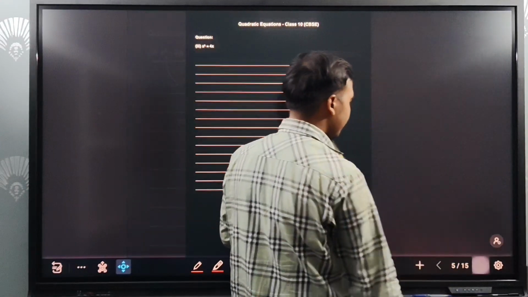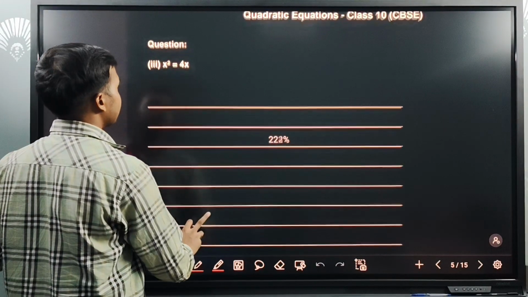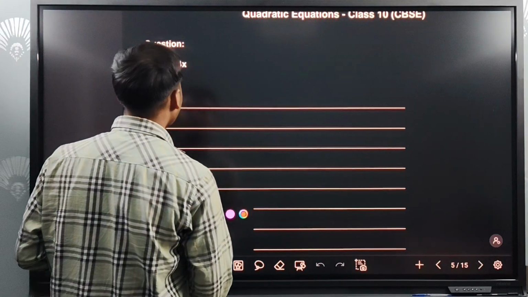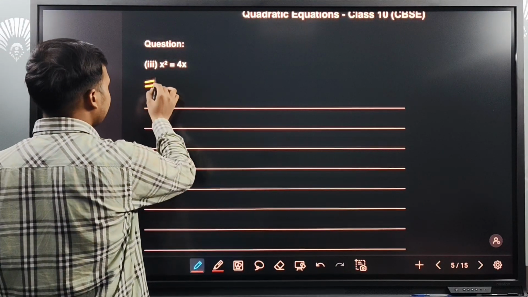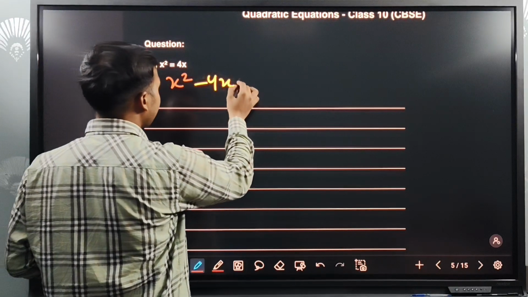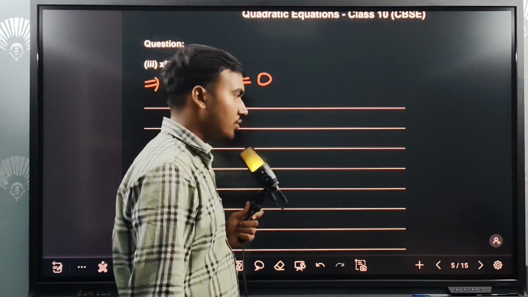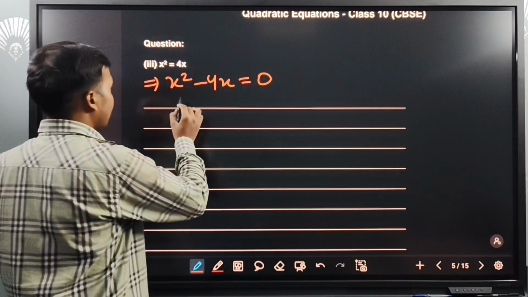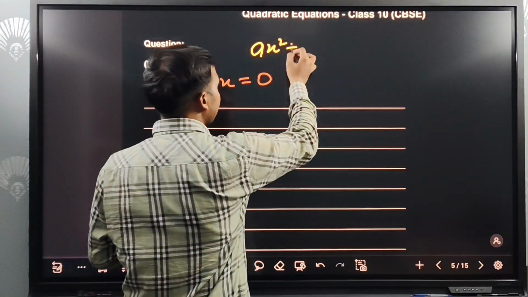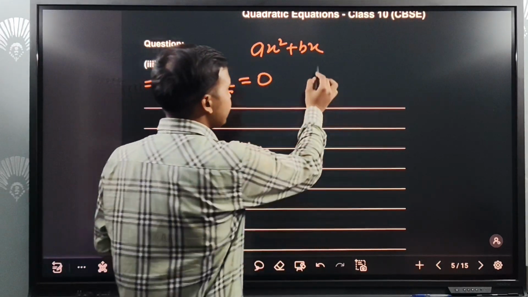Moving towards the next question. The third question given is x square equals 4x. Is it a quadratic equation or not? We can write it as x square minus 4x equals 0. It is not quite of the form ax square plus bx plus c. It has ax square plus bx, but c is absent.